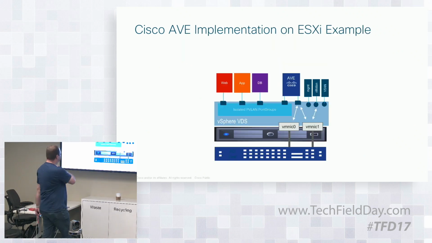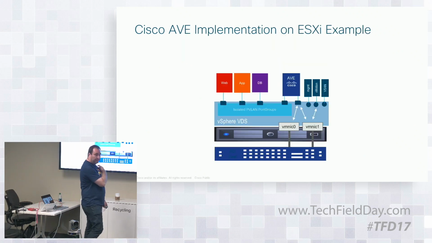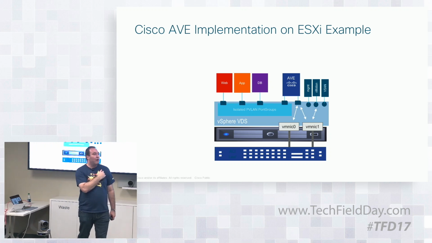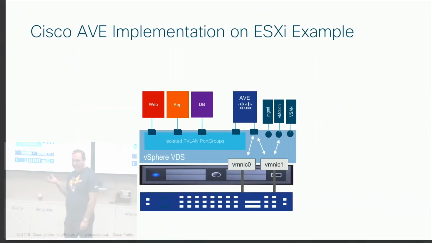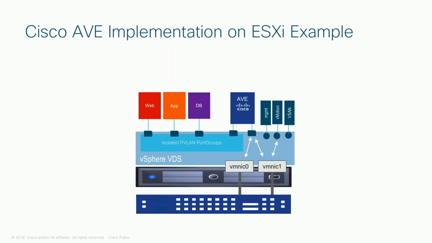The idea is this, right? So it's a CentOS VM. It runs in user space. By default, we use DPDK. And we'll use the regular VDS to drag the traffic into the inside interface of the AVE. And then we'll tunnel the traffic out of the outside interface of the AVE, just like we did with AVS.